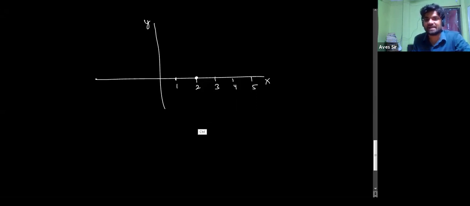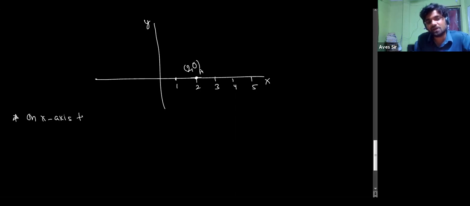So we can simply say that whenever a point lies on the x-axis, its y value is 0. If you need to tell someone where a point lies exactly on the x-axis, you simply say move 2 units along the x-axis. No need to tell them to go along the y-axis, because there is no y-axis displacement. There is only displacement in the x-axis direction. If the object moves upward or downward, then there is a y coordinate.